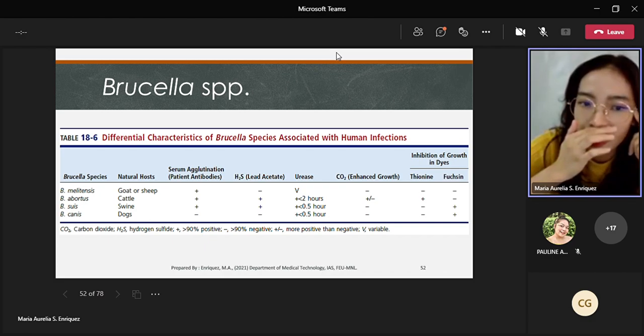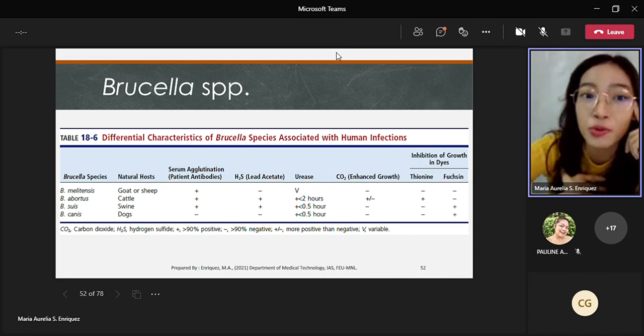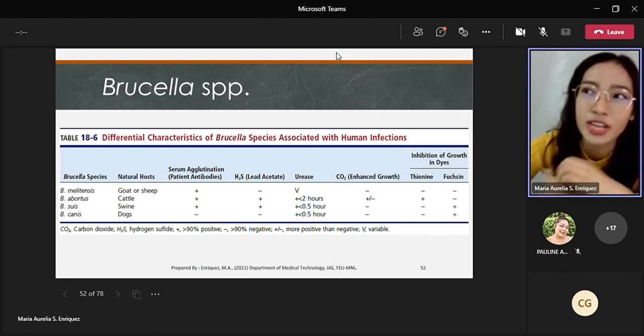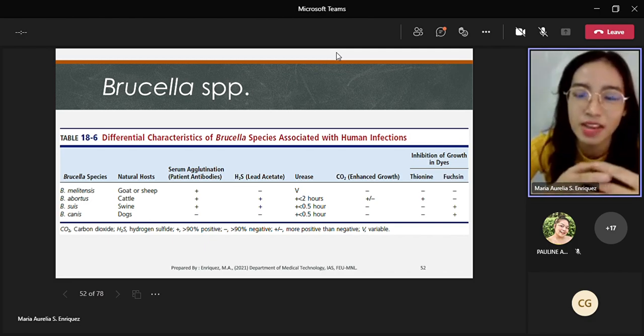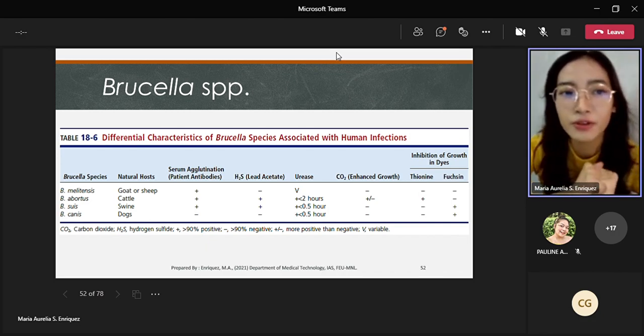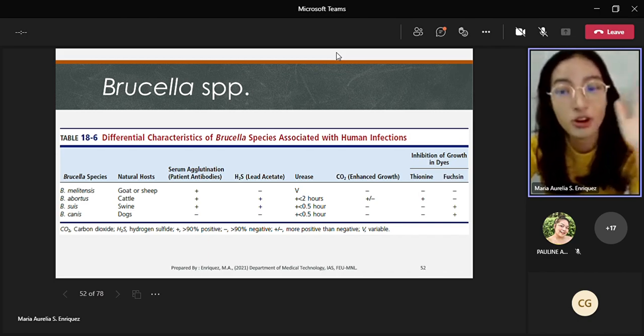Guys, do take note that hindi po porket, for example, ako yung gumawa nung voice-guided presentation sa Canvas module natin, it does not necessarily mean na ako po yung gumawa ng quizzes nyo. Okay? So, randomly distributed po kasi yung assignment ng mga contributions sa amin. So, although ako yung gumawa ng discussion for Chapter 18, pwedeng ibang professor po yung gumawa ng questions for Chapter 18. So, ganun po kami dito sa Micro 1.